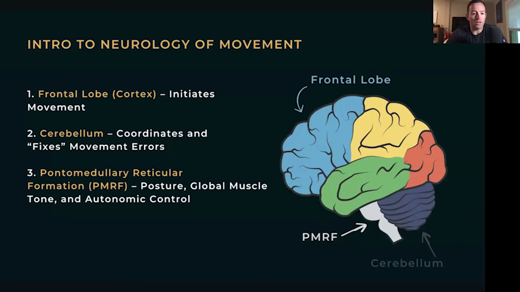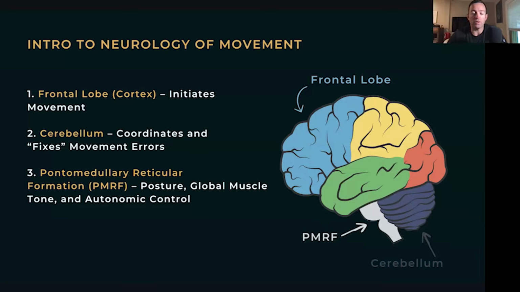These three structures are the key structures that I need you to understand for this lesson. Okay, the first one is the cortex or the frontal lobe, and you can see that in the image highlighted in blue. The second one is the cerebellum. And if you look down in the lower right-hand side of the image, it's that slate blue. Okay, that's the cerebellum.